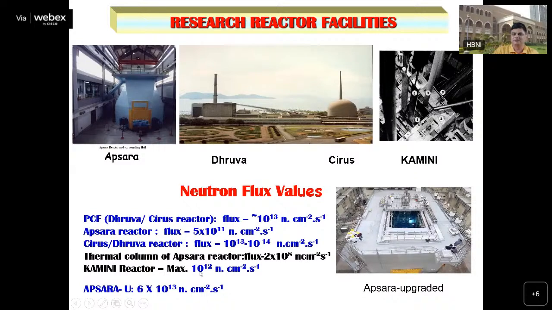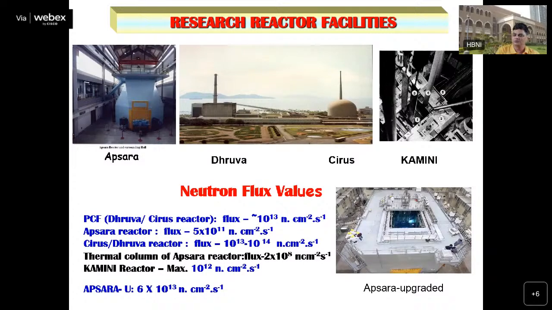Whereas in Kamini it is 10 to the power 12 neutrons per square centimeter per second. So these are the various research facilities existing in India for carrying out neutron activation analysis. Apart from these, there are the 4 different sources I showed in my previous PowerPoint.